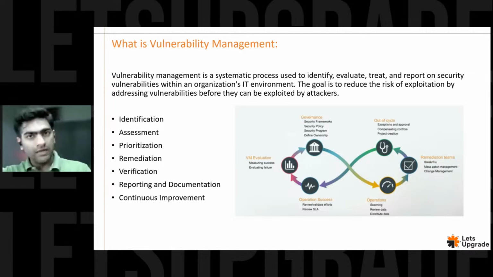There are critical vulnerabilities, high priority vulnerabilities, medium level vulnerabilities, and low priority. If we have found priority-wise distinctions between all the vulnerabilities, we go ahead with critical vulnerabilities first to patch, to mitigate those wherever we have identified them. Then we go with the high priority vulnerabilities, then medium, then low.